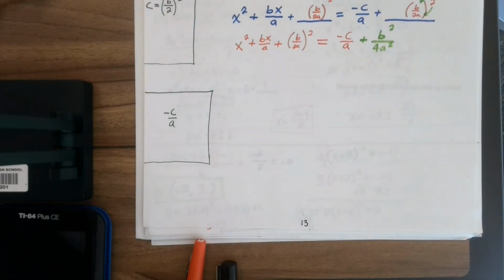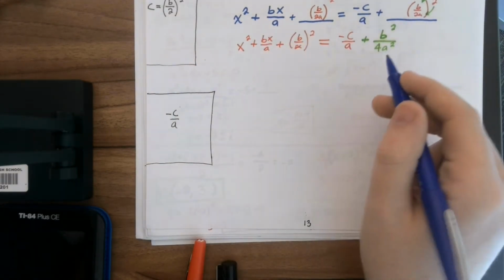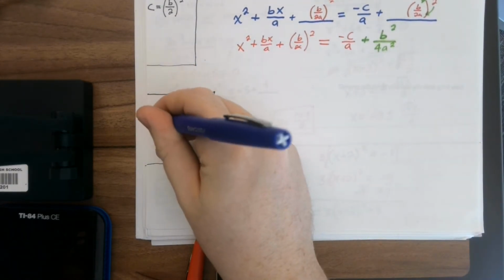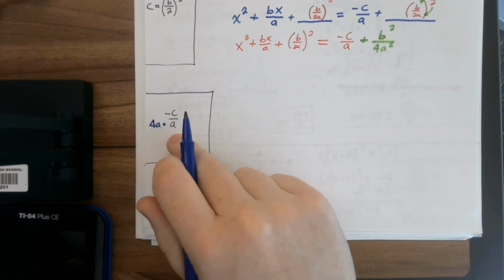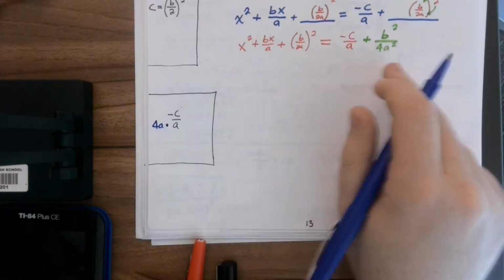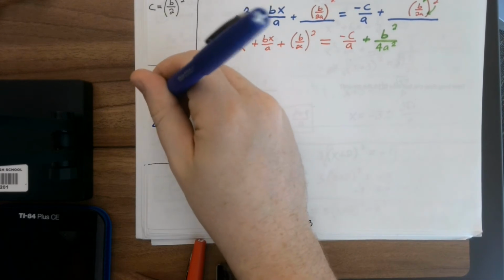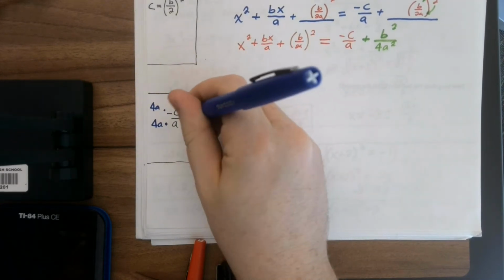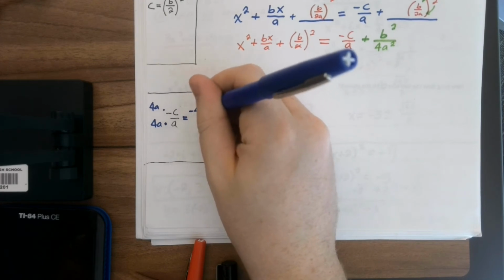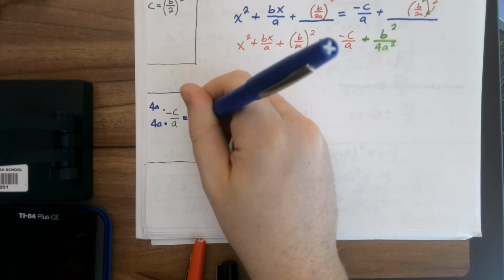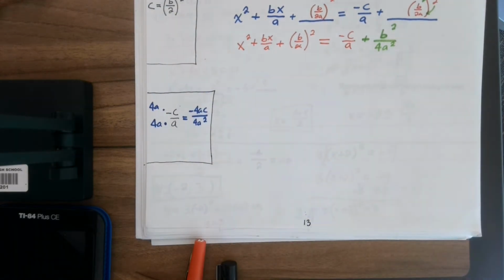Well, we can multiply the top and the bottom by 4a. Remember, we want to get the denominators to be the same. 4a times a is 4a squared. That'll make it so it's the same. But to give an equivalent fraction, we have to do the same thing to the top. So we would get negative 4ac over 4a squared.